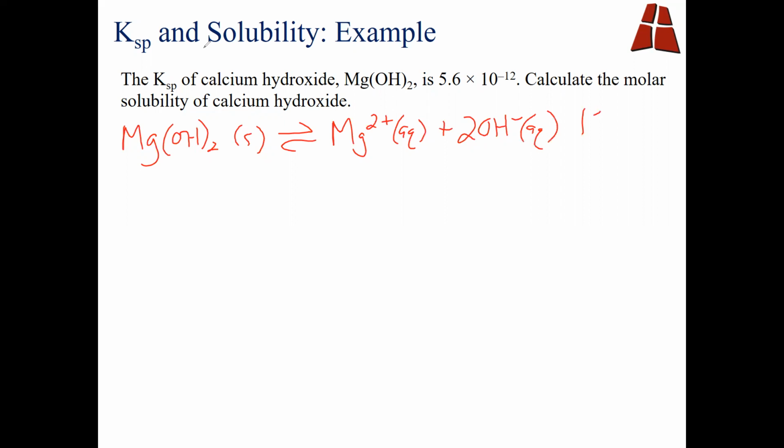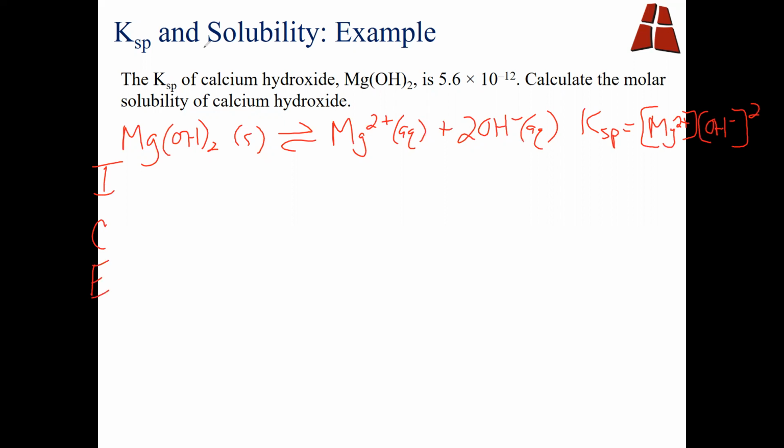Then our KSP expression that we had already done was KSP is equal to the concentration of Mg2+ times the concentration of OH- squared.